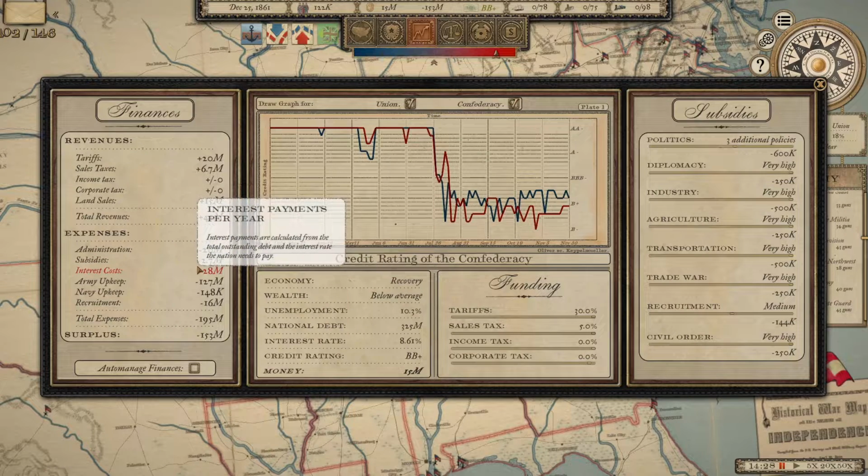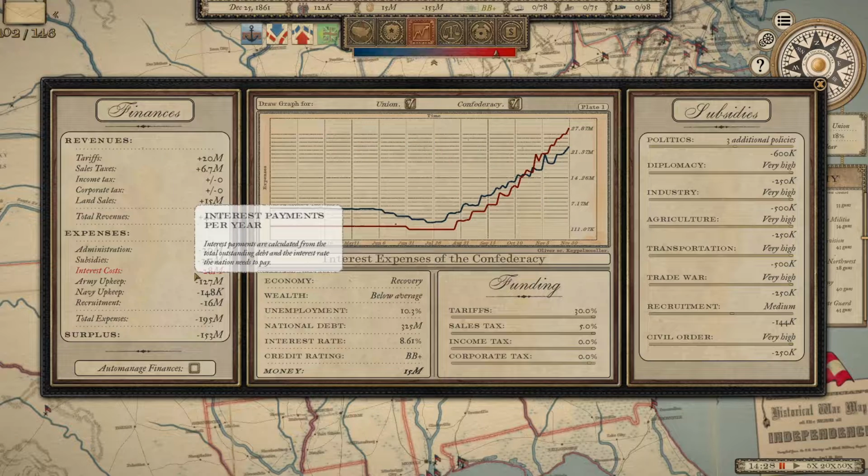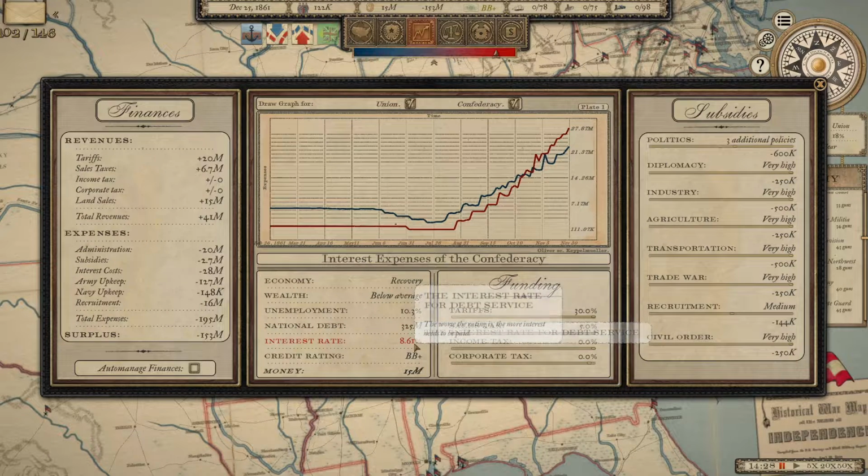One other point I wanted to make on cost, and then I promise I am going to revenue, is the cost of debt and the cost of bad debt in particular. The interest rates themselves may not seem like a big deal, and if you've played the game, you notice that for the most part, your interest rates tend to be around 8.5%.